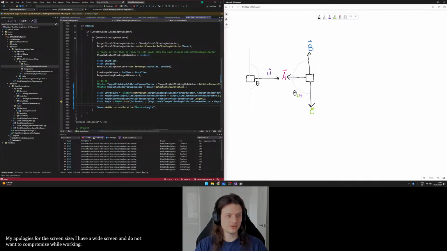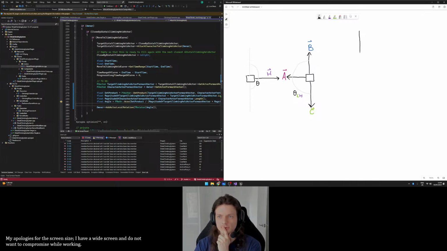And I suppose in a way I can probably get that from the forward vector of the climbing hold. But of course it's in axis rotation, so let's be grown up about this and not want degrees. So it's -1 and 0 for x and z. So x is -1.